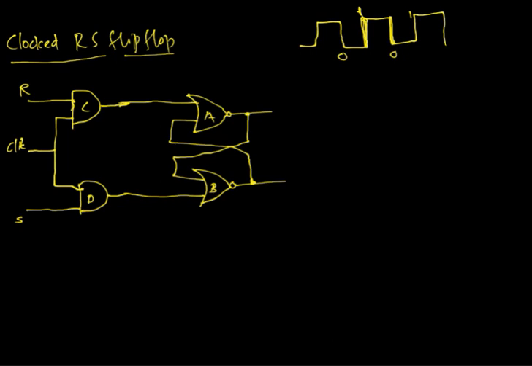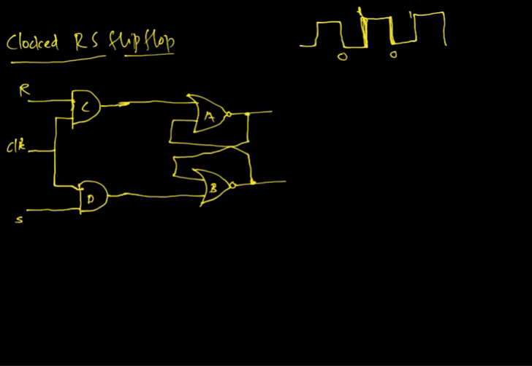So when you switch on this R and S, it won't give any output from the AND gates C and D until the clock pulse reaches the high value. So clock supplies the low and high levels of signal to AND gates C and D regularly. When clock signal is at low level, AND gates C and D are disabled.